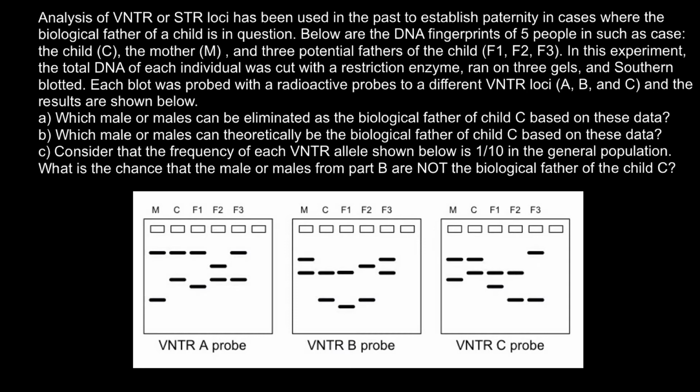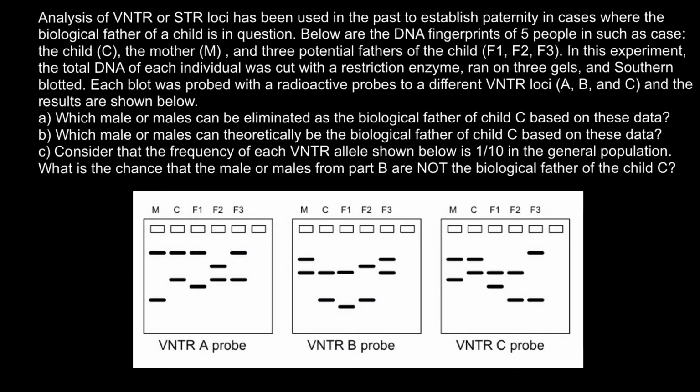In such a case, we have the child C, mother M, and 3 potential fathers of the child, F1, F2, and F3. In this experiment, the total DNA of each individual was cut with a restriction enzyme, run on 3 gels, and blotted.